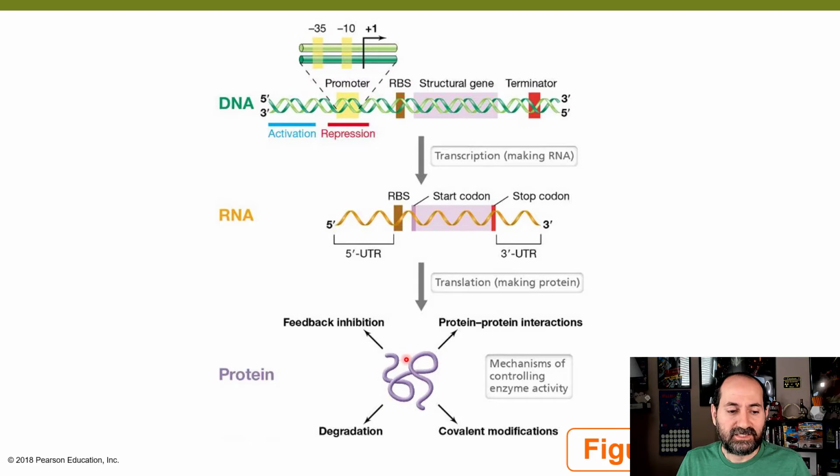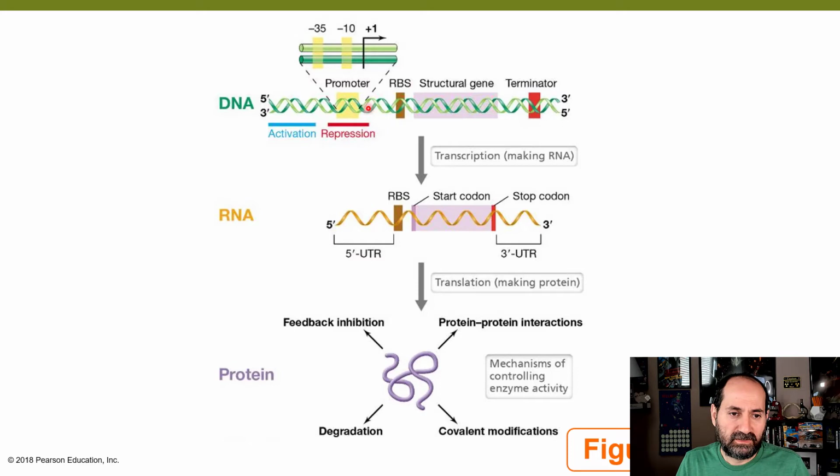It could be degraded, marked for degradation. So what I'm trying to say is, just like you can control gene expression by promoting gene activation or repressing gene expression, you can also control protein activity by turning on a protein, turning off a protein, degrading a protein, etc. So you could control how a protein functions.